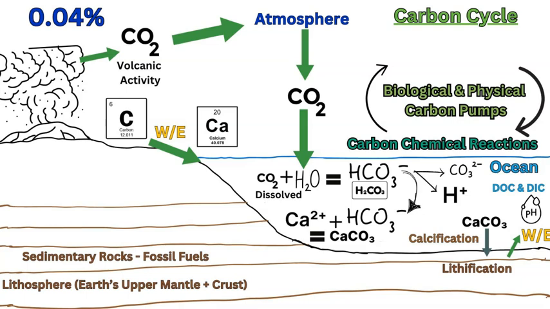So you have the presence of both dissolved organic carbon through the marine animals and the use of the carbon through their shells to form calcium carbonate shells. And you also have the DIC, which is dissolved inorganic carbon, which is basically the CO2 reacting with the bicarbonate, the carbonate, and the carbonic acid to form different compounds within the ocean without any kind of biological influence.